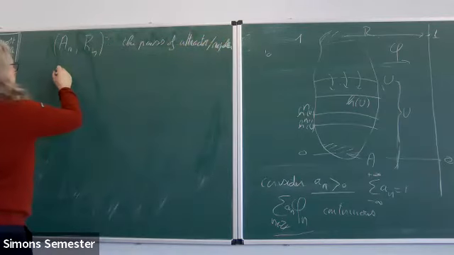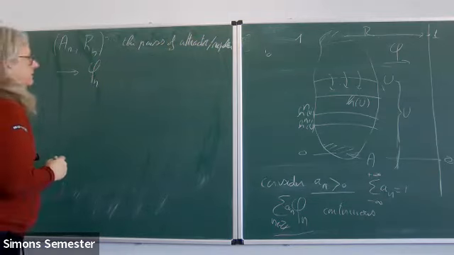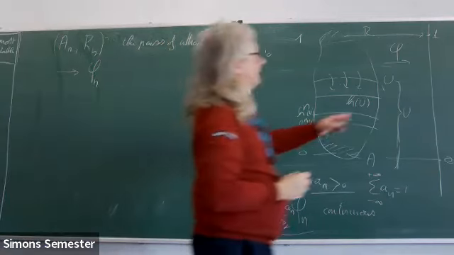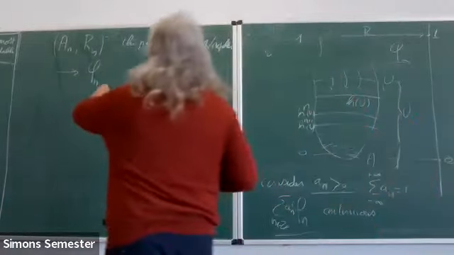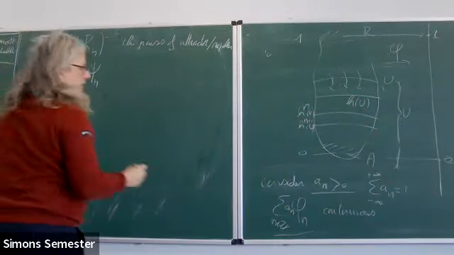So for each of them, you have phi n, which is either continuous or smooth. Maybe I will change the letter, I will put psi here, because I already use phi n.